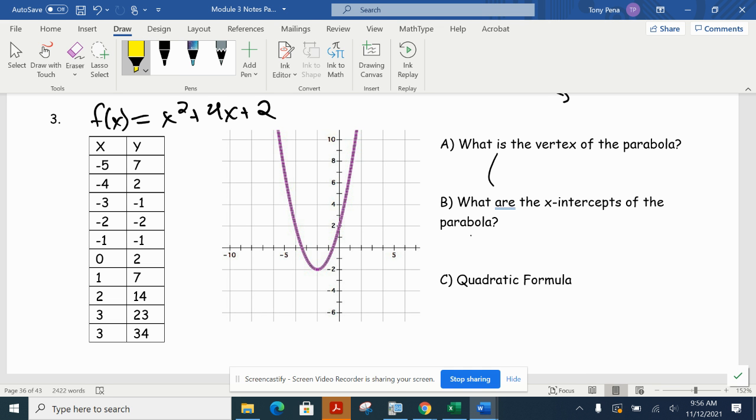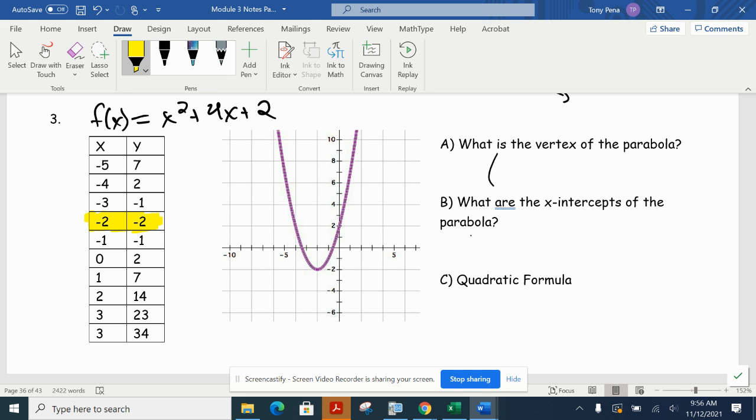Okay, so I like the table too. So as we look at this one here, which point has that symmetry where the number in front of it and behind it is the same? And then 2 in front, 2 behind it. There you go.